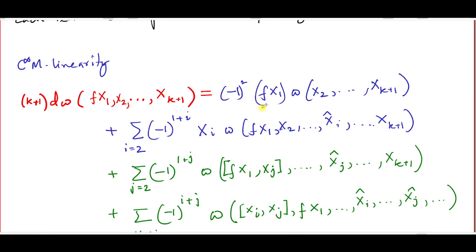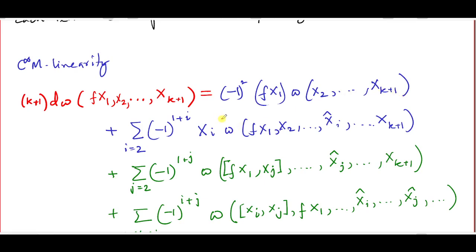Now, if you look at the first sum, that comes in two kinds of terms. One in which the very first argument, in this case f times x1, acts on omega, acting on the rest of the arguments x2, x3 all the way up to xk plus 1.